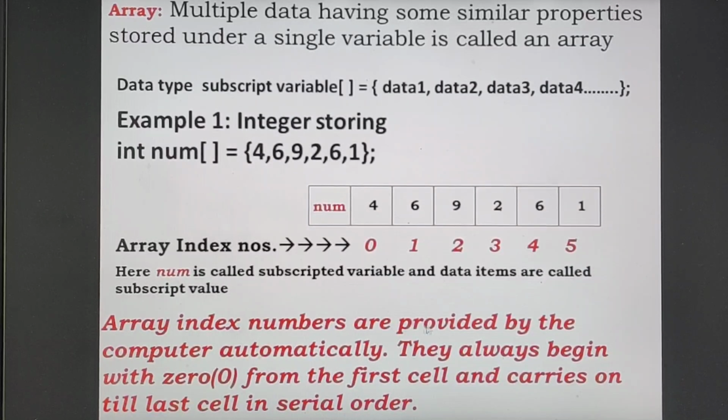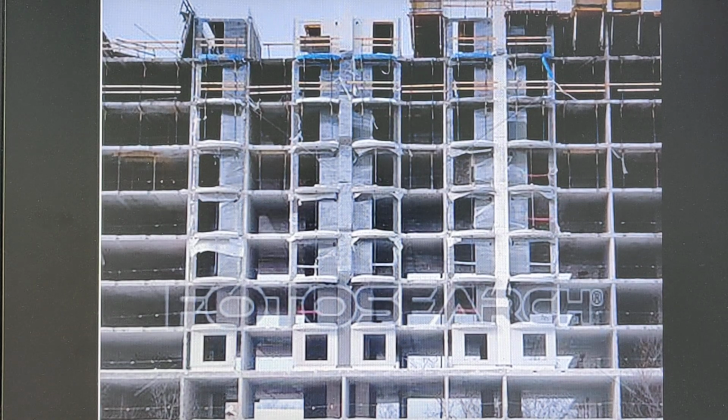So as we've understood, the computer provides this number automatically. As a programmer, you have to assume this. Now let's look at this building. From a human point of view, if I ask how many floors, you start counting 1, 2, 3, 4, 5, 6, 7, 8. But if you ask a builder, he will say ground plus 1, 2, 3, 4, 5, 6, 7.